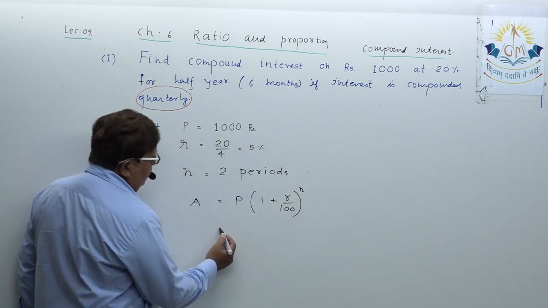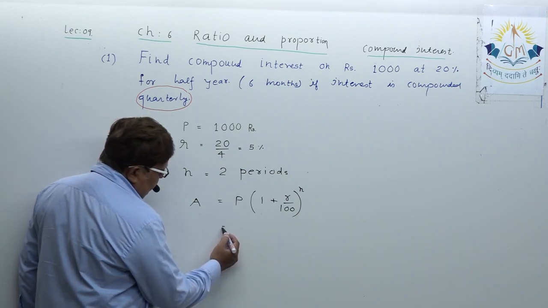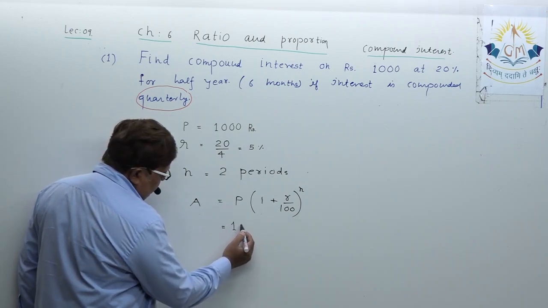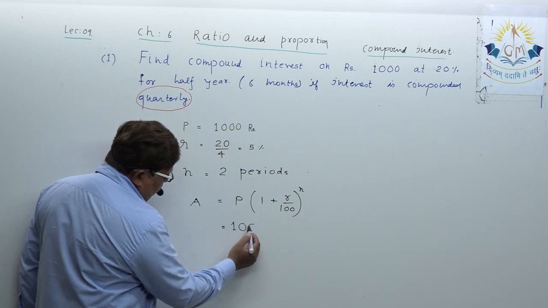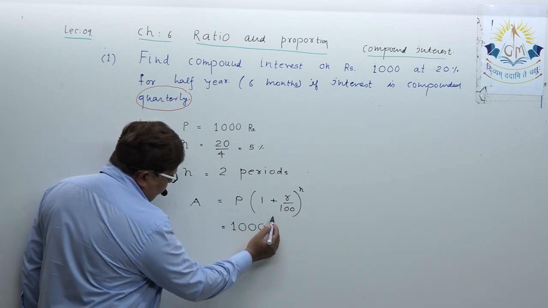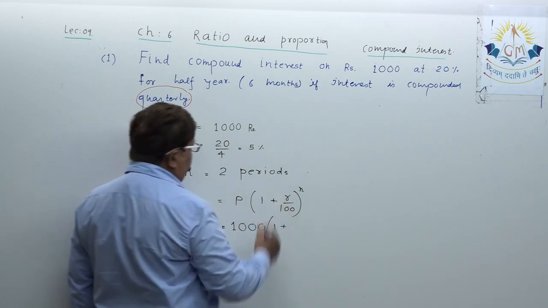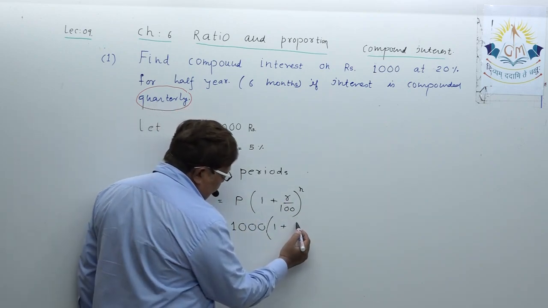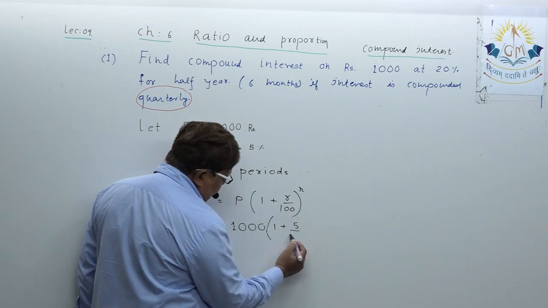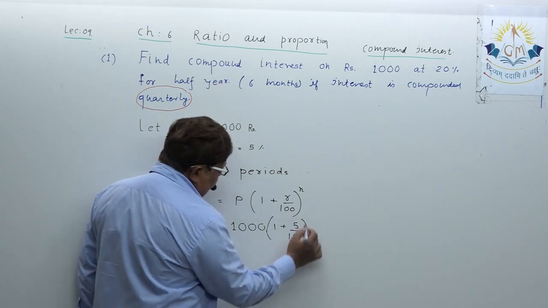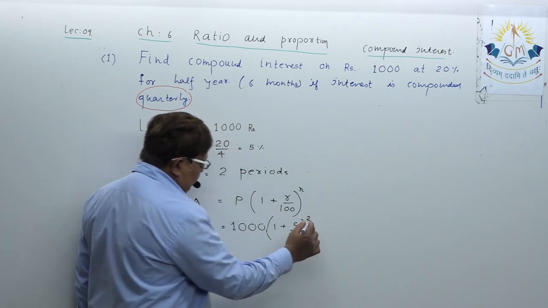Let us substitute the values here. Principal amount is 1000. 1 plus rate of interest is 5 upon 100 raised to 2. Okay.